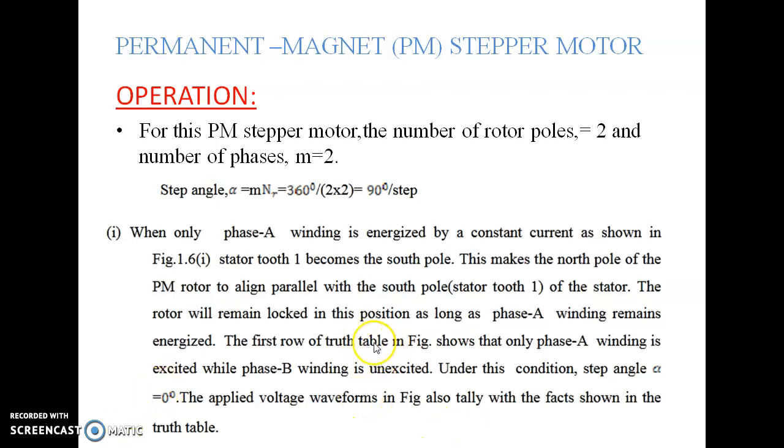The first row of the truth table in the figure shows that only phase A winding is excited while phase B winding is unexcited. Under this condition, step angle alpha is 0. The applied voltage waveforms in the figure also tally with the facts shown in the truth table.